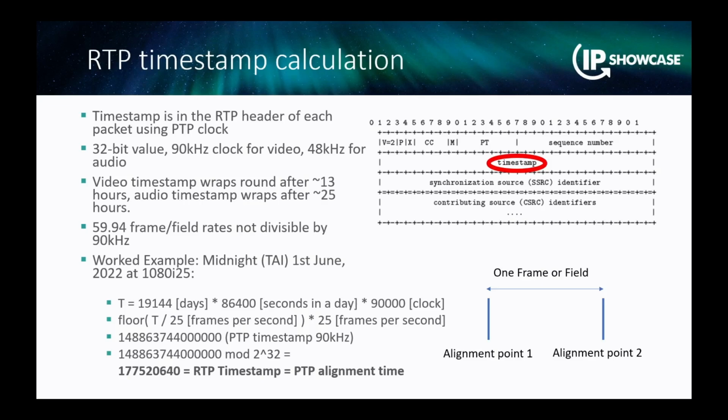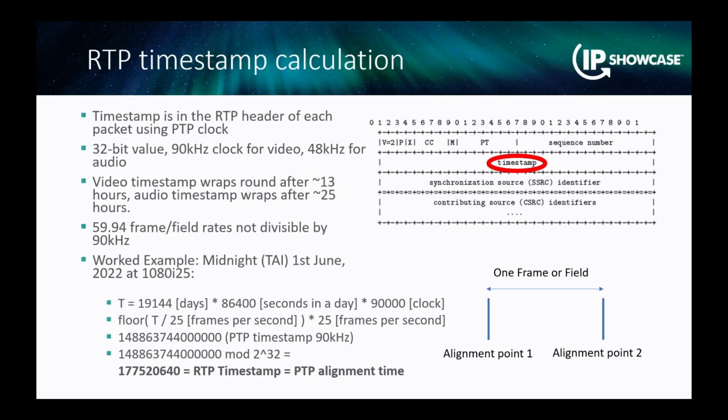So let's pick an arbitrary date, midnight, for the astronomical time. So this is time that doesn't have jumps in it, so no leap seconds. If you go back to the ST2110 for 6-year-olds, I go into what leap seconds are. And I've tried to make things simple by not using fractional frame rates. So what we do, we go and work out how many clock ticks there were.